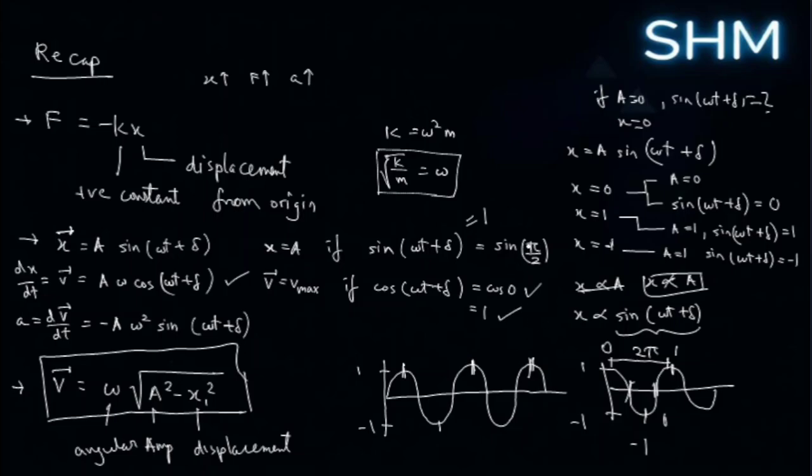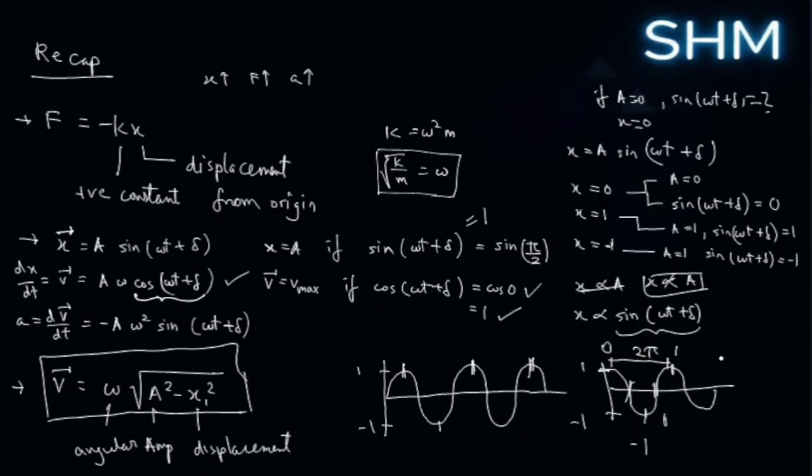Similarly, velocity will have a maximum value when cos(omega t plus delta) is equivalent to 1. One such possible case is cos 0. It can be cos 2 pi, and so on.